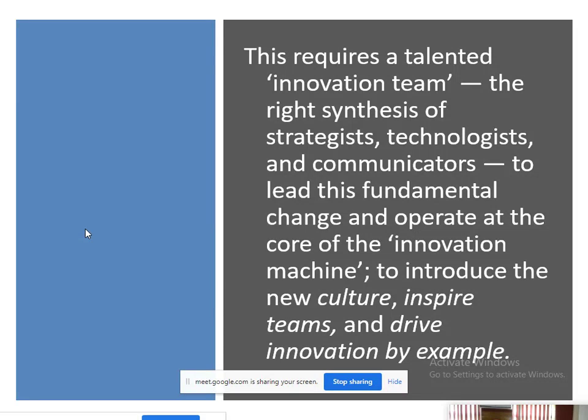Okay, and some communicators who will communicate all these things, to promote them, to present your innovative ideas and your innovative projects to everyone, so that other companies can see your innovative things or you can compete with other companies also. That's why it is written here: to lead this fundamental change and operate at the core of the innovation machine, to introduce the new culture, inspire teams, and drive innovation by example.